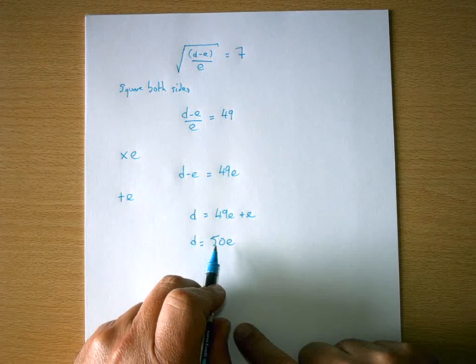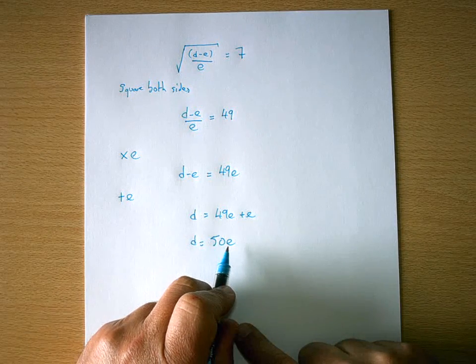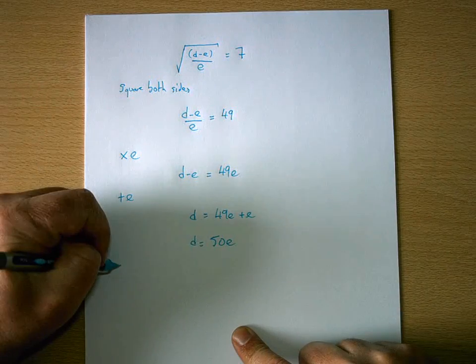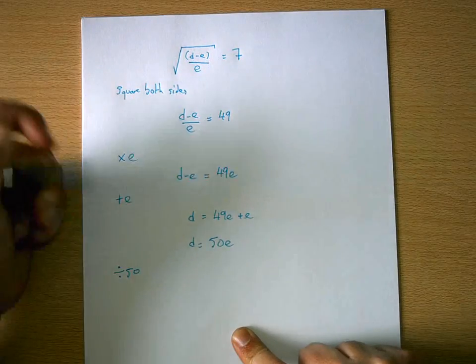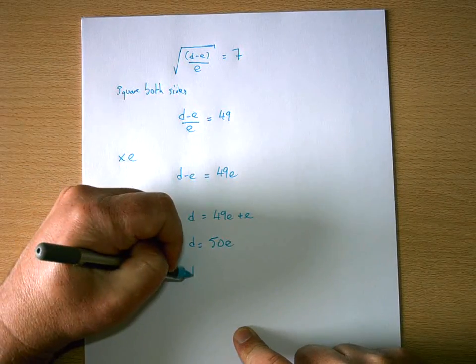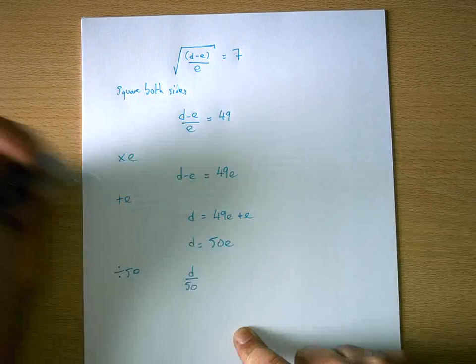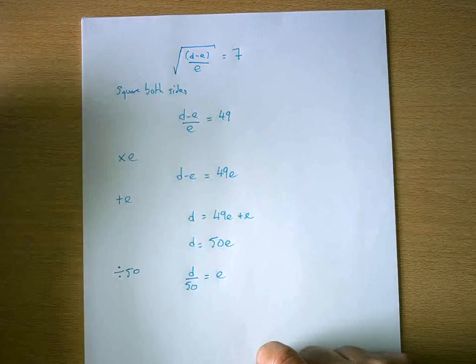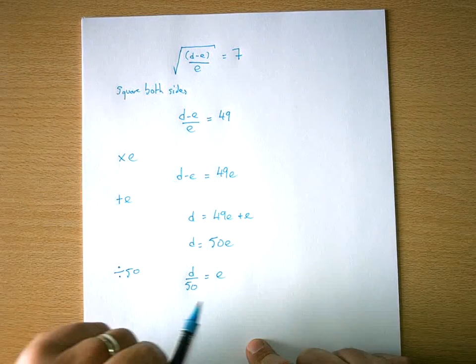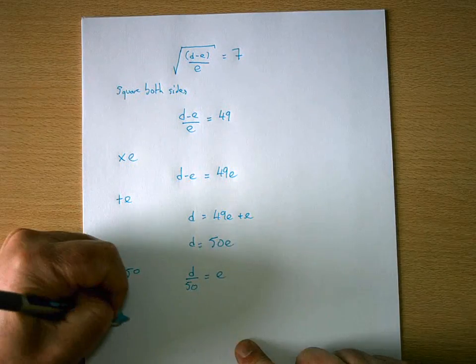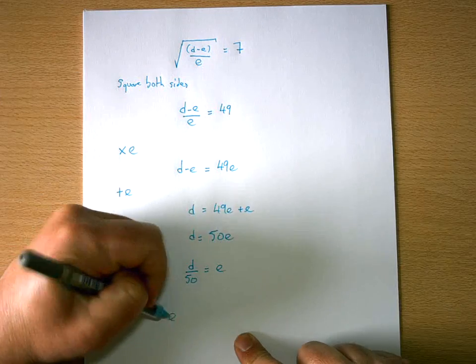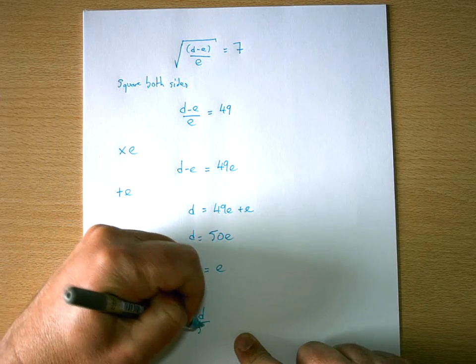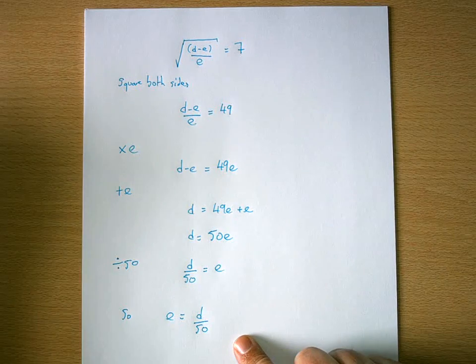So in order to undo a times by 50, we've got to divide by 50. So that means that on this side we get d divided by 50, and in algebra we write divide like that, and on this side we're left with e. So that has now made e the subject of the formula. Okay, so e equals d over 50.